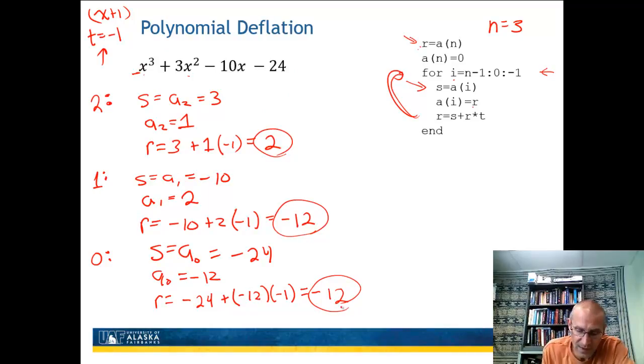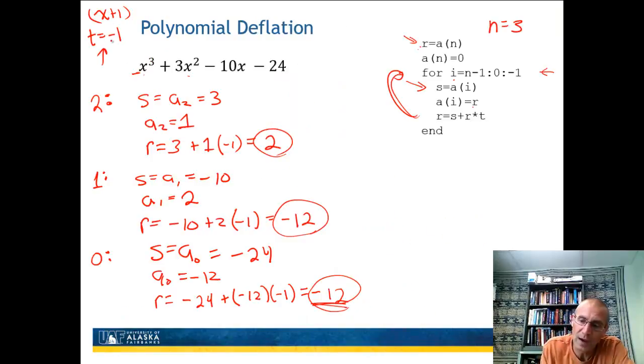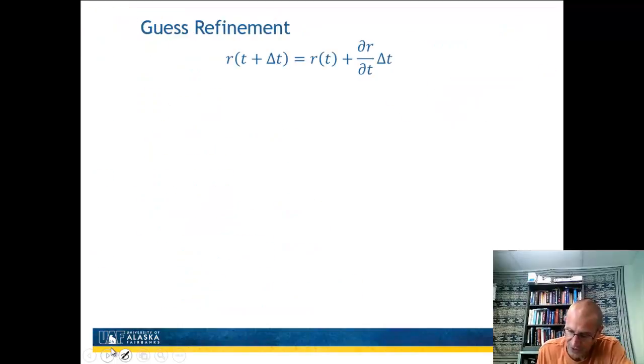But notice that this right over here at the very end is minus 12, which is the same remainder that I had, which means that the value of t minus 1, or essentially the monomial x plus 1, is not a factor of that polynomial. So I need to go ahead and adjust that value. I need to determine a new value of t. And I'm going to do that using a first order Taylor series approximation.